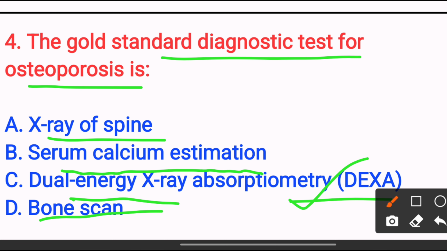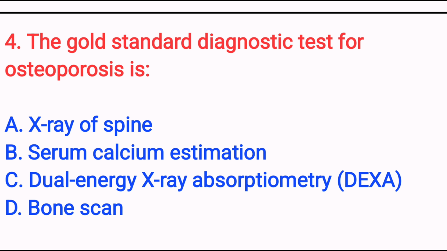The answer is option C, DEXA, dual energy X-ray absorptiometry, because DEXA can measure bone mineral density, BMD, accurately and is the diagnostic gold standard for osteoporosis detection.